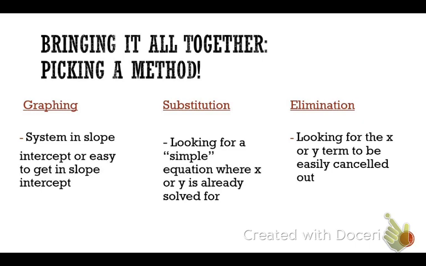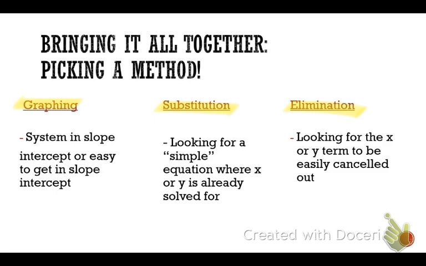In this section, you're not going to be told which method to use. You're going to have to figure out, do I graph, substitute, or eliminate to come up with my solution? In the special systems section, there might still be an answer, an ordered pair, but there could also be a no solution or an infinite solution answer.